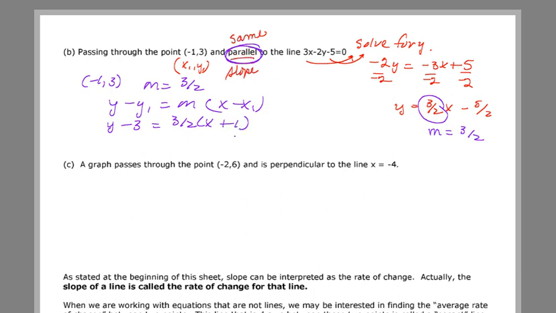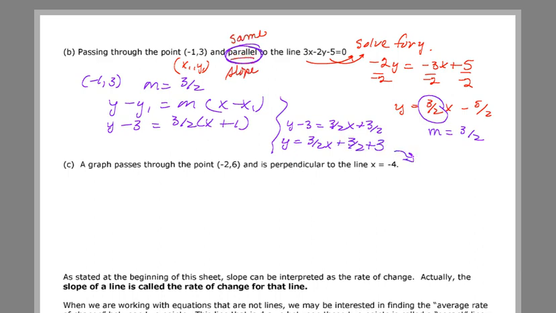Well, there's one format, but we could take it and distribute and clean this up a little bit. We get y minus 3 is equal to 3 halves x plus 3 halves. Add the 3 on the other side. I'll get 3 halves x plus 3 halves plus 3.